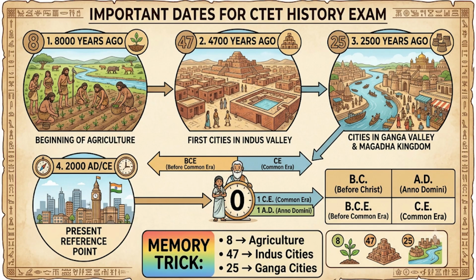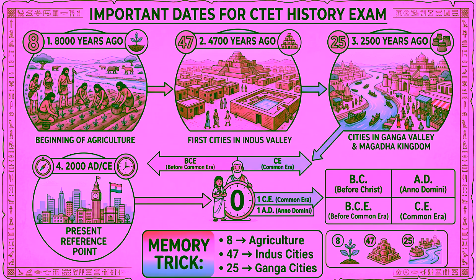Around 2000 AD or CE is the present reference point. Memory trick: 8 is equal to agriculture, 47 Indus cities, 25 Ganga cities and Magadha.